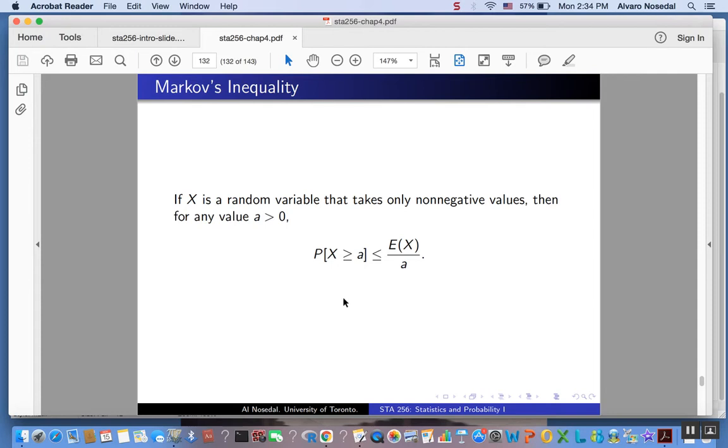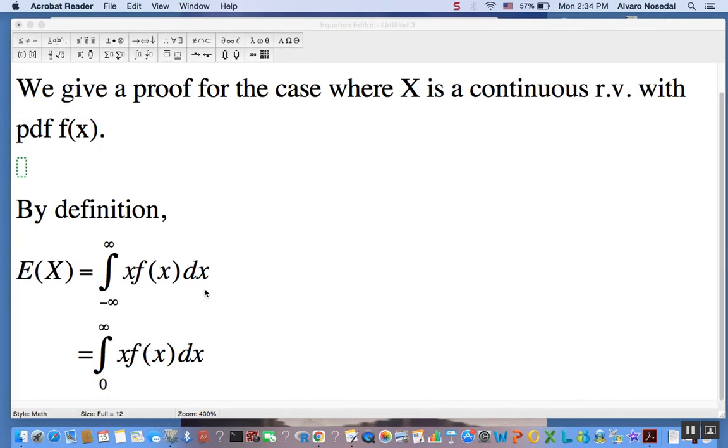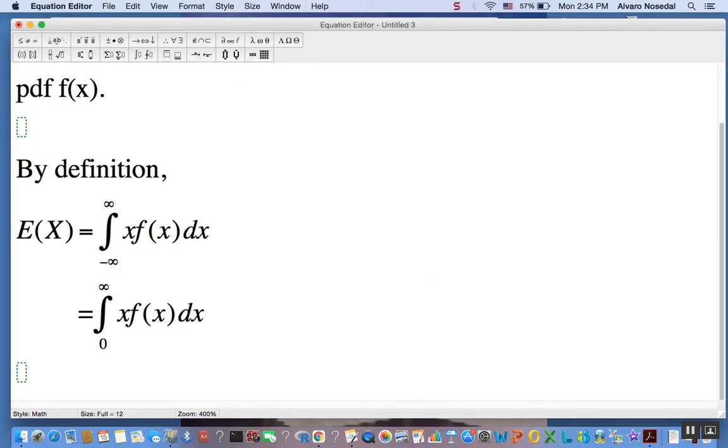Again, the probability that X is greater or equal to a is the integral from a to infinity of f of x dx. So let's see if somehow we can transform this into something like that.